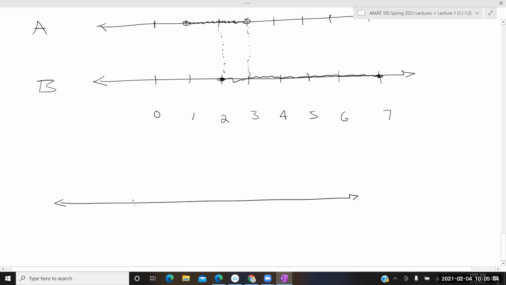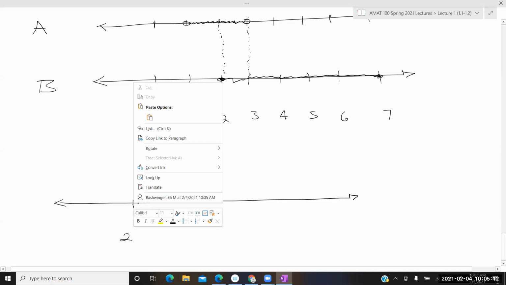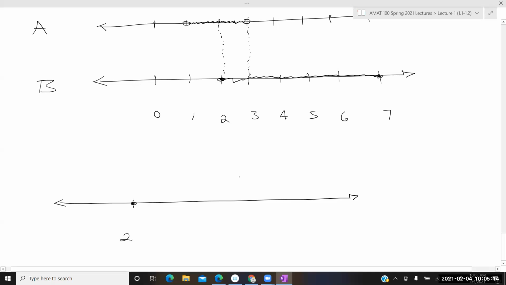I'm not going to be too careful about matching up these lines. So we're going to have 2 right here. Now, somewhere over here, we're going to have 3. So it's clear that everything between 2 and 3 is definitely in there.